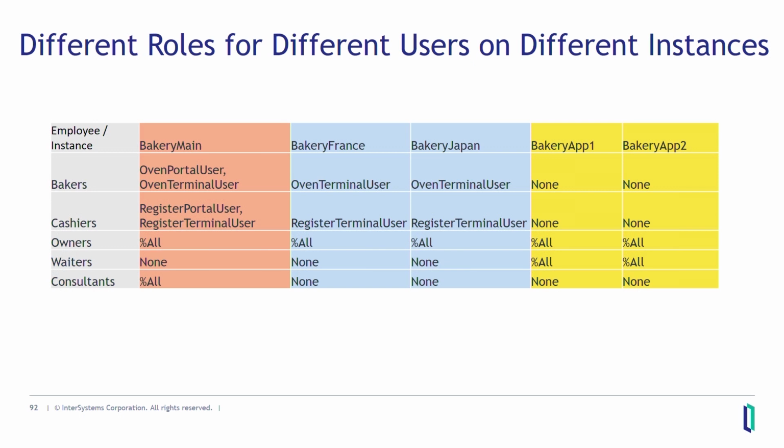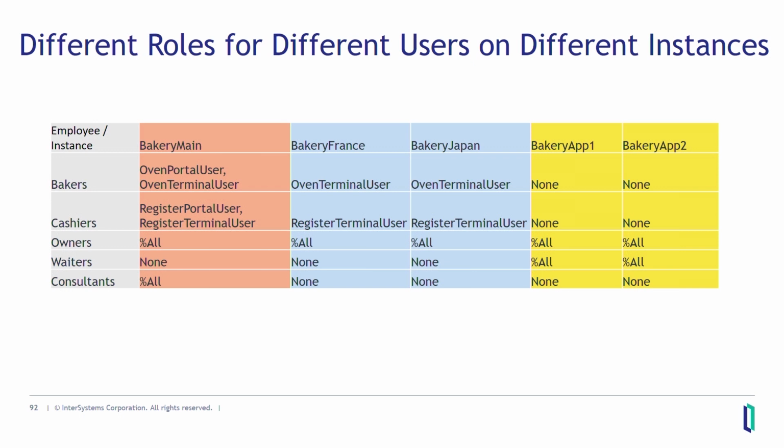So here's a little map detailing all of the different things that we want for all of the different kinds of users. The bakers, for the main instance, should have access to the oven namespace both through the web app and through the terminal. For the France and Japanese instances, we only want to give them terminal access. And they should not have access to the app servers. Similar setup for the register namespace for the cashier users. The owners can and should have access to all of the instances with %all.